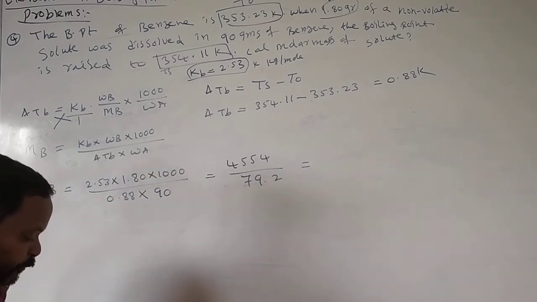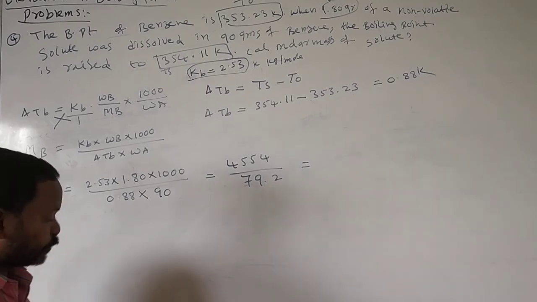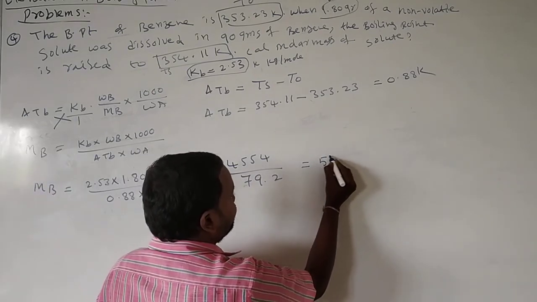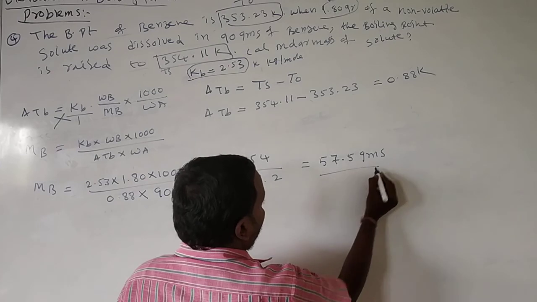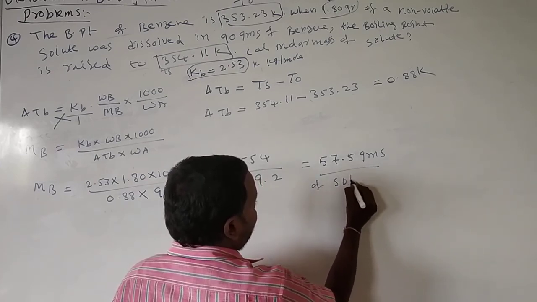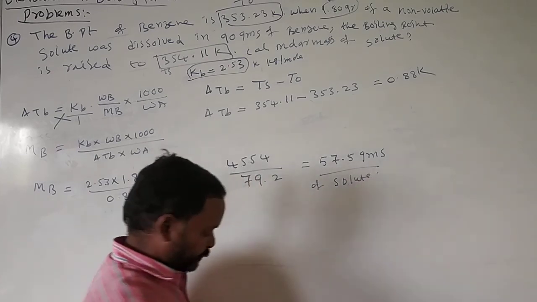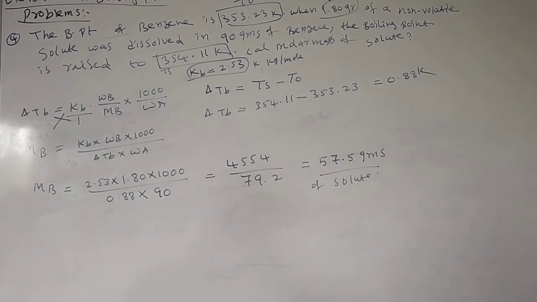Next, 4554 divided by 79.2 gives 57.5 grams per mole of solute.